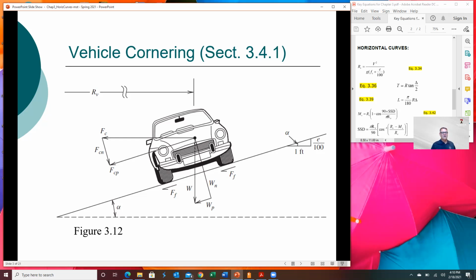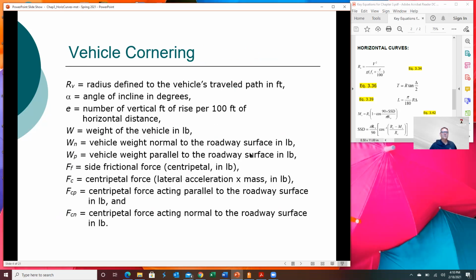But in terms of the alignment of a highway that has a curve in it, there's always going to be some incline to the curve to deal with some of the forces that you see on the diagram here. And you can see the definitions of the terms there.